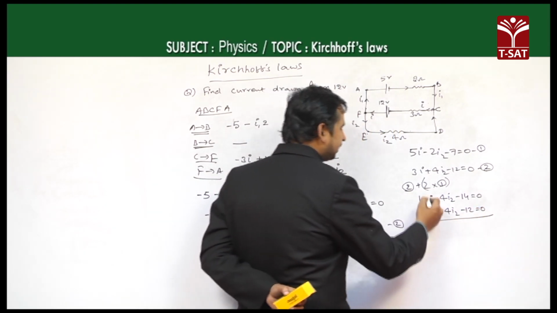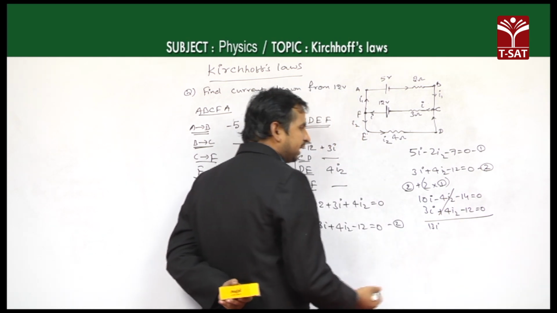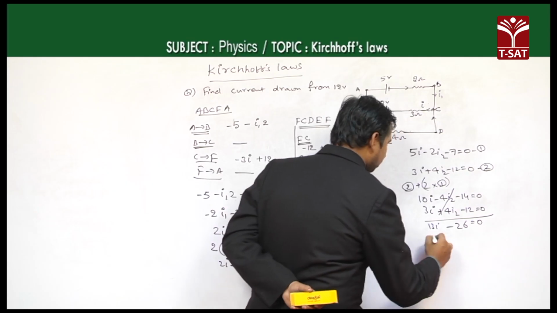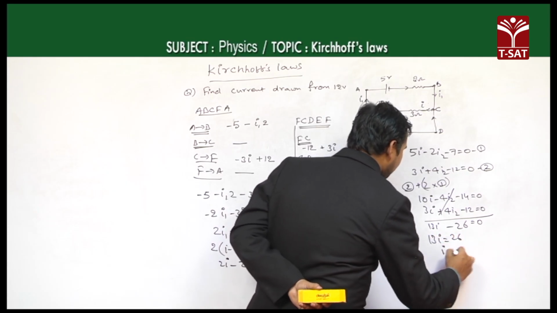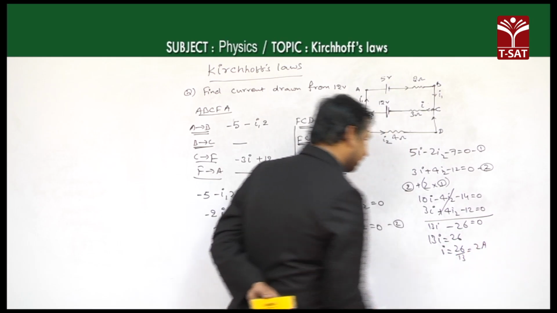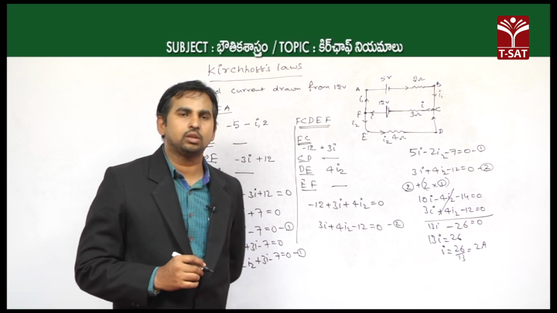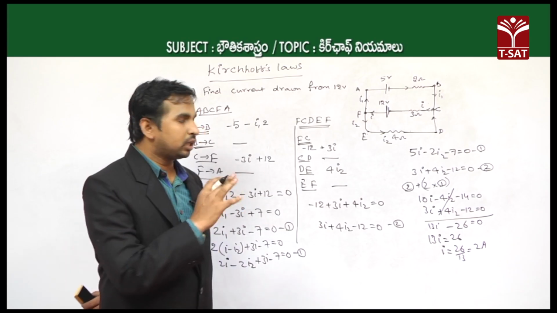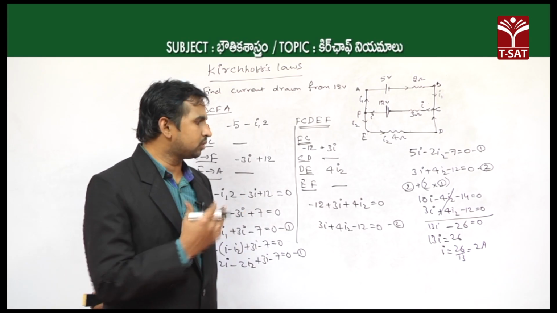Then if you add, 10I plus 3I is 13I, plus 4I2 and minus 4I2 get cancelled, and here we have minus 26 is equal to 0. Then 13I is equal to 26, so I becomes 26 by 13, which is 2 amperes. So the current passing through the 12 volts battery is equal to 2 amperes, that is the total current passing through the 12 volts battery or in the circuit.